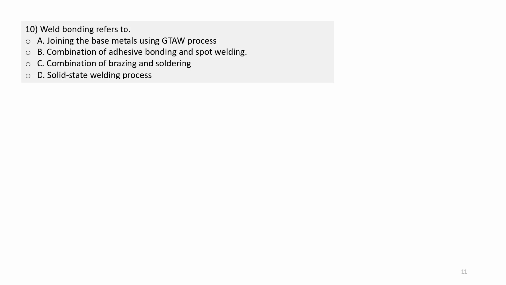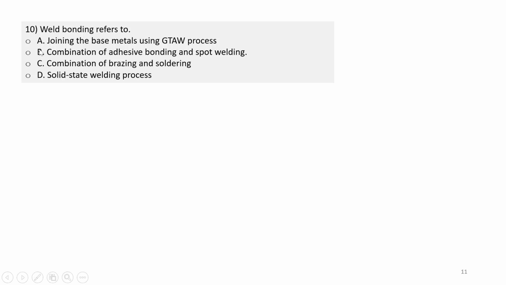Next question is weld bonding refers to. Your options are joining the base metals using gas tungsten arc welding process, or combination of adhesive bonding and spot welding, or the combination of brazing and soldering, or the solid state welding process.